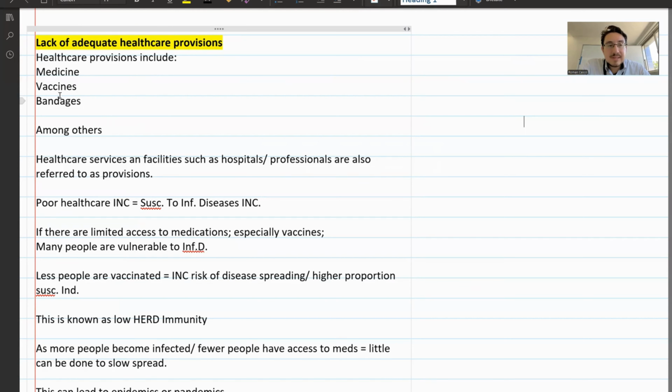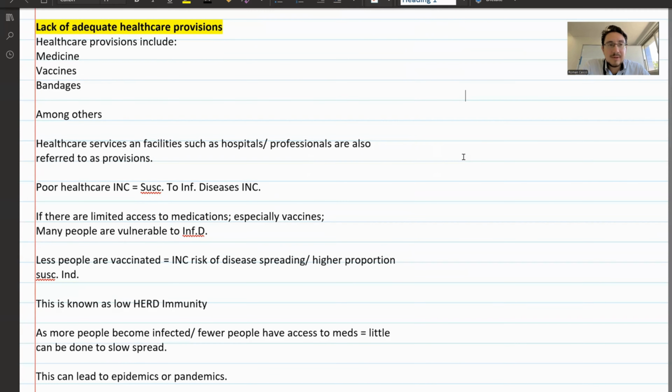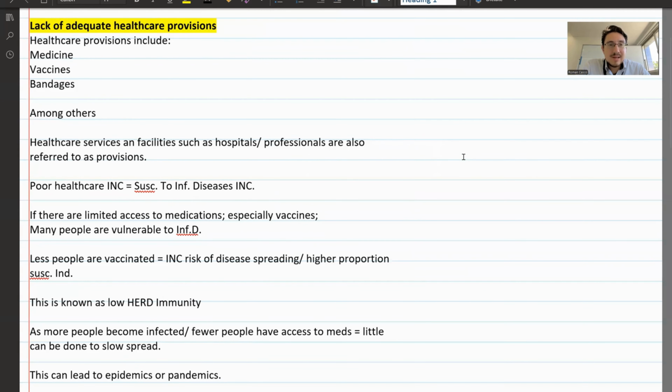So medicine, vaccines, bandages, generic antibiotics, antimycotics, anti-parasitic medicine, all of these things that we kind of take for granted, some people don't have access to at all.